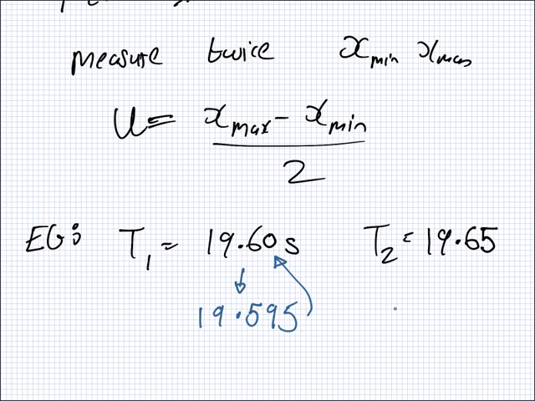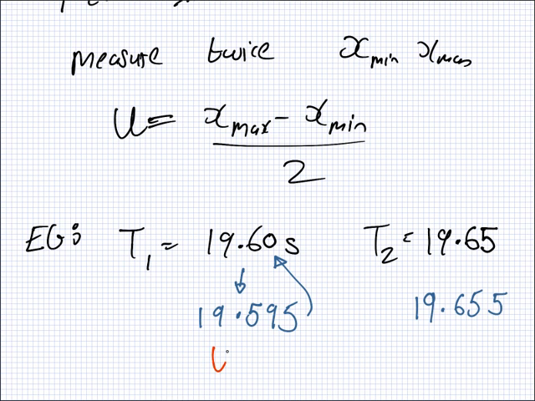And what's the biggest value here? 19.655. Or if you want to be particular, it would be like 19.6549999, because that would round down to this. Yeah? I'll just call it 19.655.